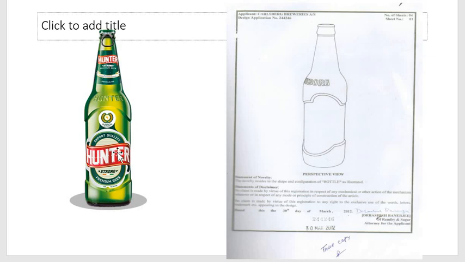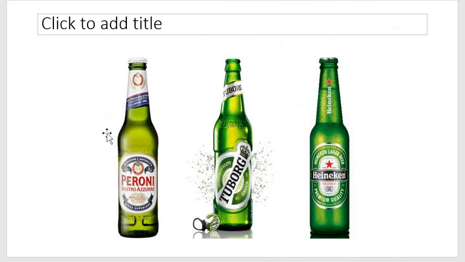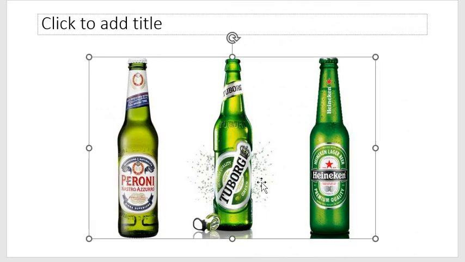So the court said, look, this is the defendant's bottle, this is the registration of the design, this is the shape which is applied to the article. Through this you can understand this also. This is the shape applied to the article, different from manufacture. You can understand through this example also. Now coming back, these are other bottles available in the market.